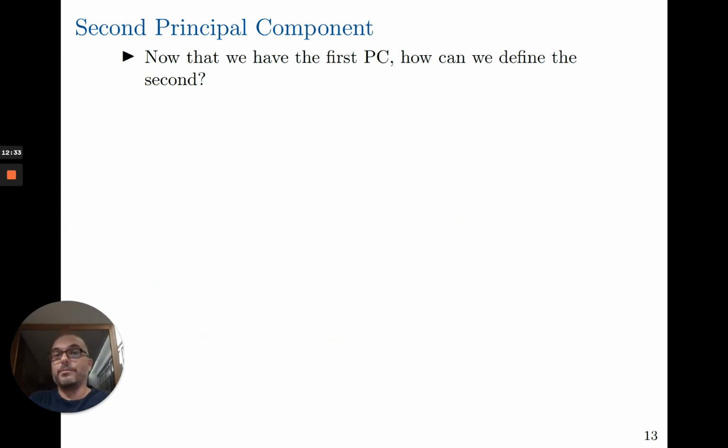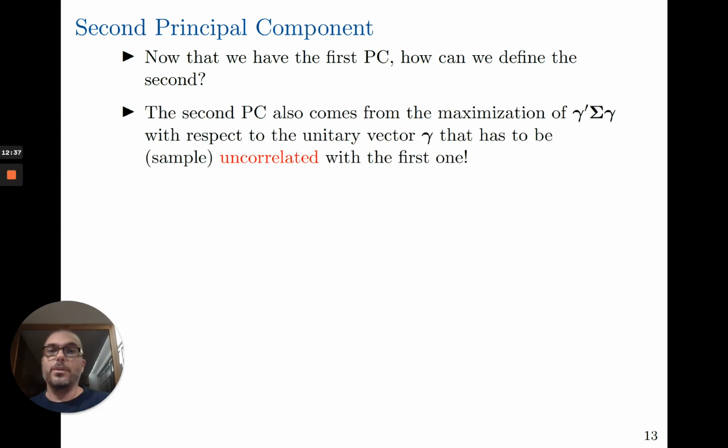Now we have the first one, we have to compute the second one. The second one also wants to maximize the variance, but we want that second vector to be orthogonal to the first one.